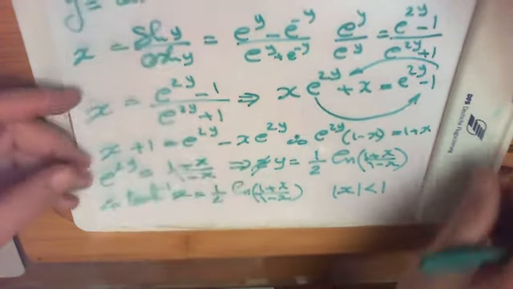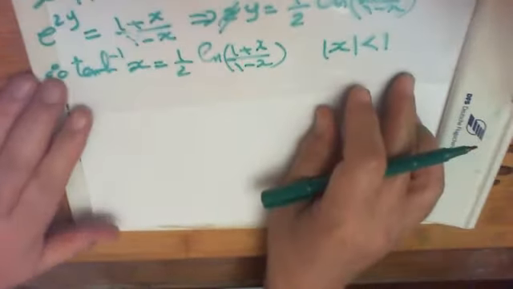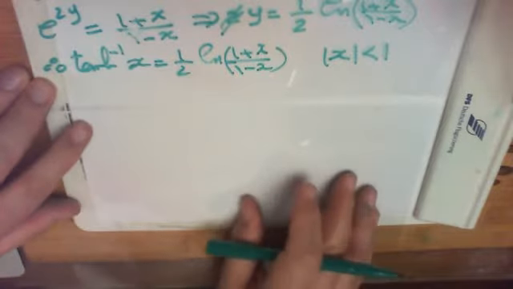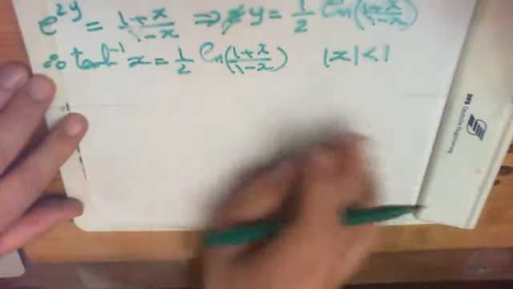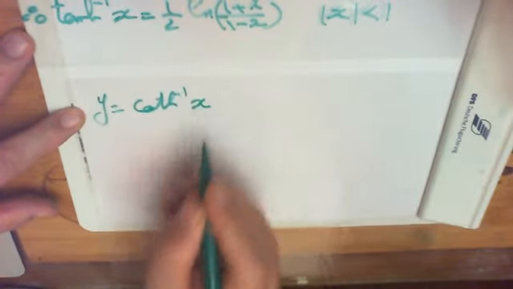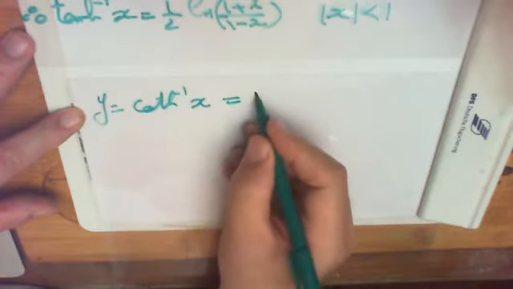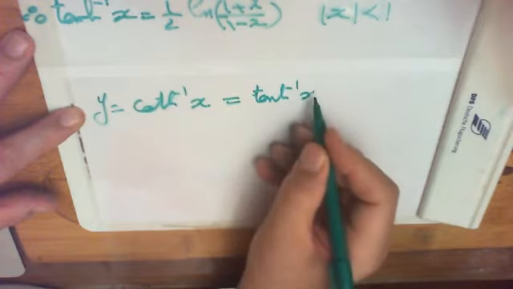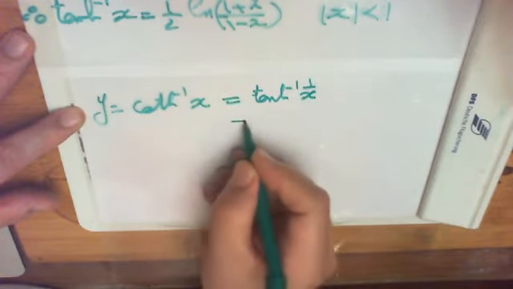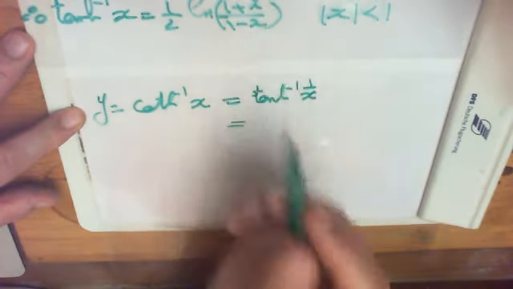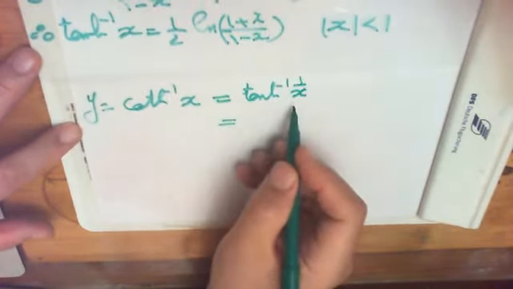How do you expect that of cotangent minus 1 will be? We'll replace x by 1 over x. In case of y equals cotangent minus 1 of x, this will be tangent minus 1 of 1 over x. So we replace the expression of tangent minus 1 such that every x is replaced by 1 over x.